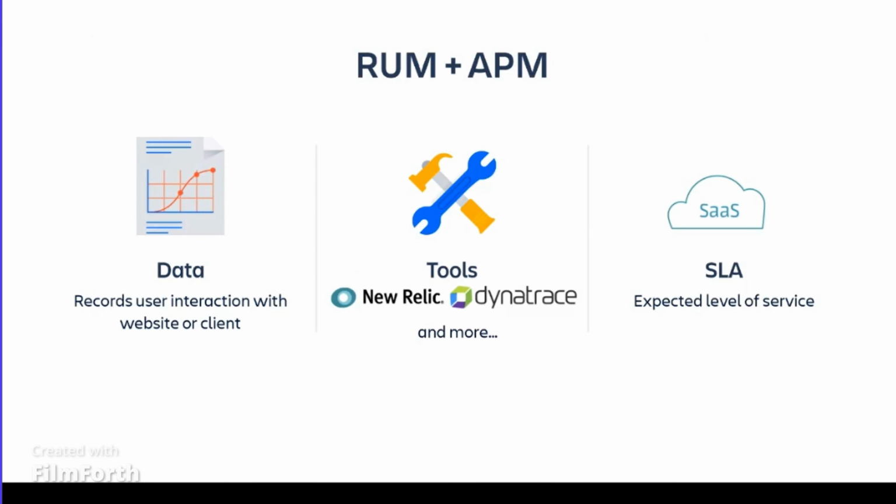So this kind of tool tells you a little bit about how the user interacts with the website or client, mobile, browser. Good examples of the tools I mentioned are New Relic or Dynatrace, but it's a new sector of software. It's growing rapidly, so there are more on the market, and there will be more.